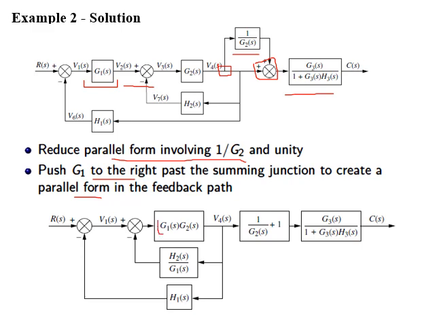G1 of S will also occur in product with G2 of S, so here cascade form can be used. These changes are shown in the second figure of the slide.